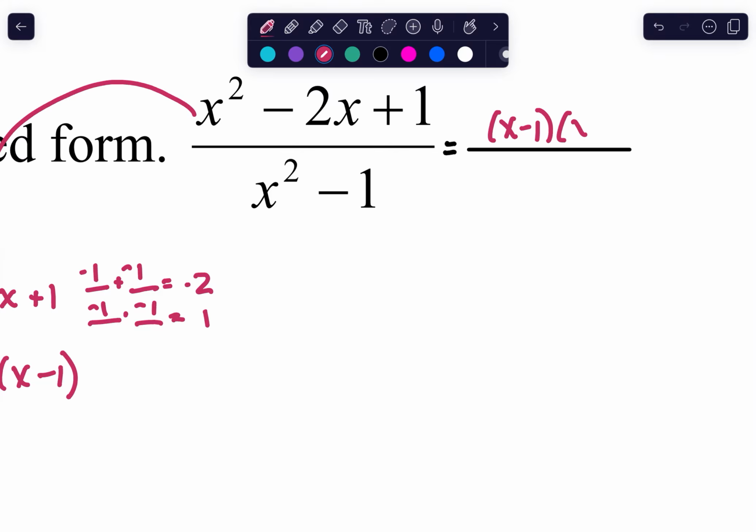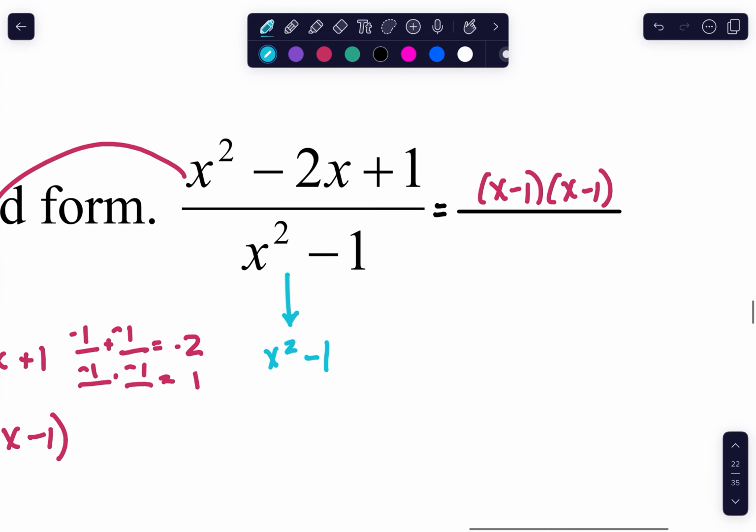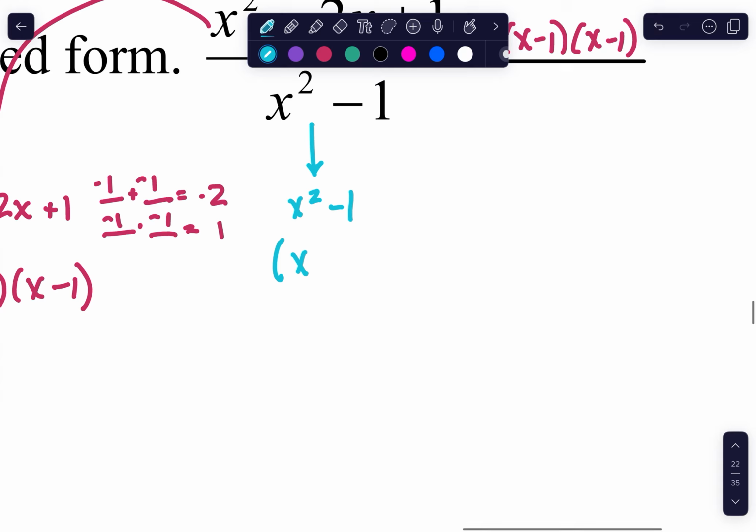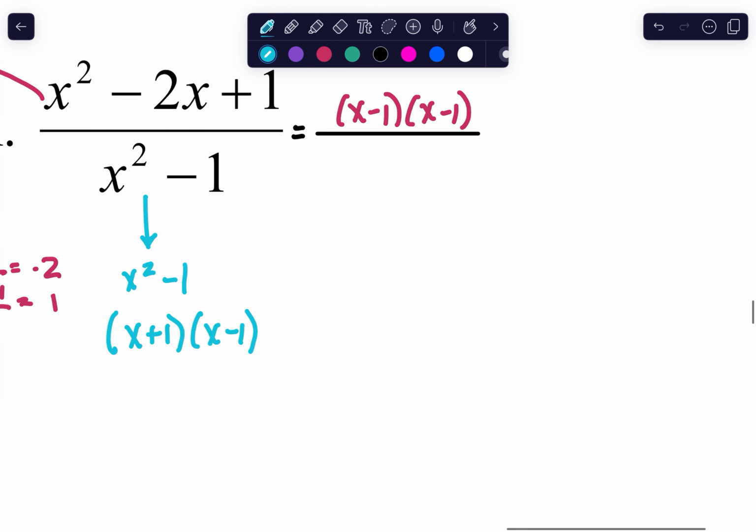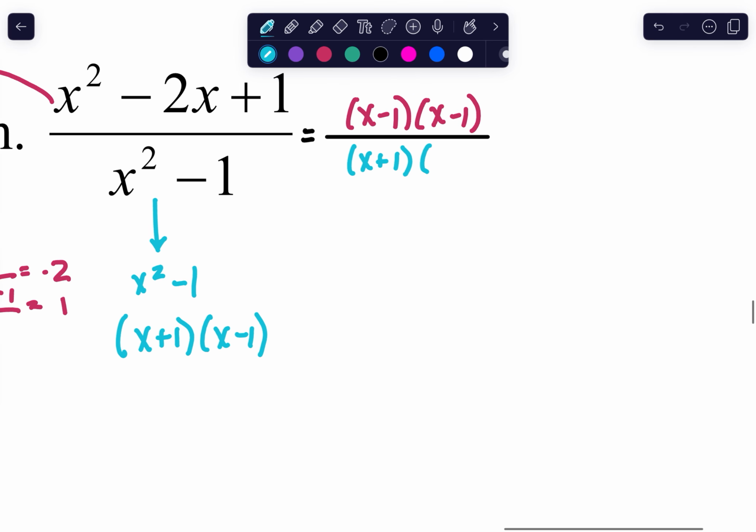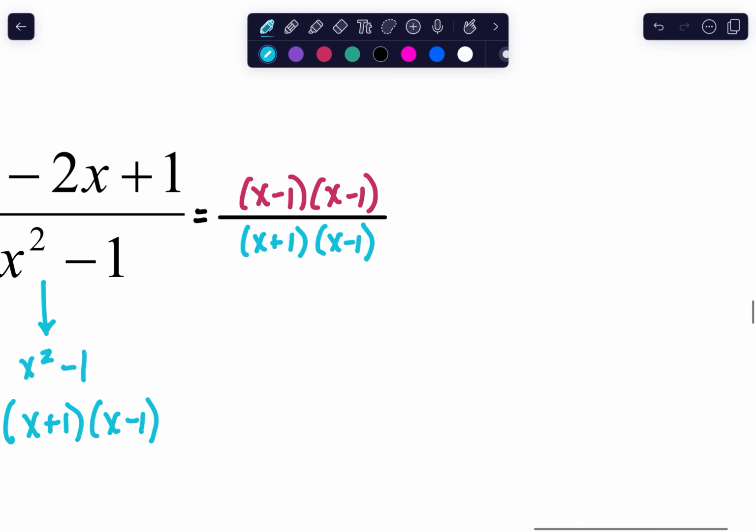x minus 1 times x minus 1. And then our denominator is a difference of squares. So that factors to x plus 1 times x minus 1. So we're going to write that down here. And then we look and say, okay, is there anything I can cancel?